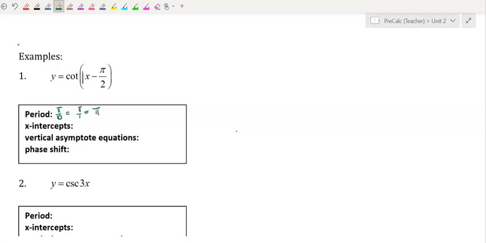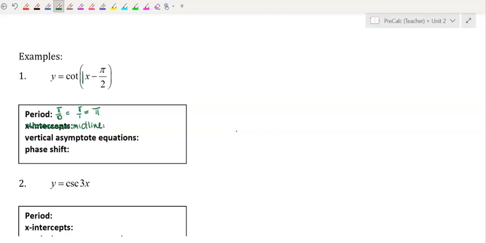B is 1. My x-intercepts, sorry, that should have been changed. I forgot to fix the typo before I put it on here. Instead, it should actually be equation for midline. So this is your midline equation. Okay?